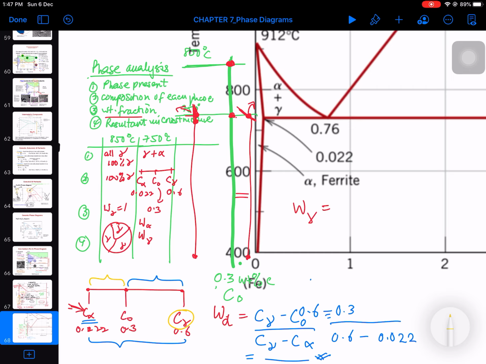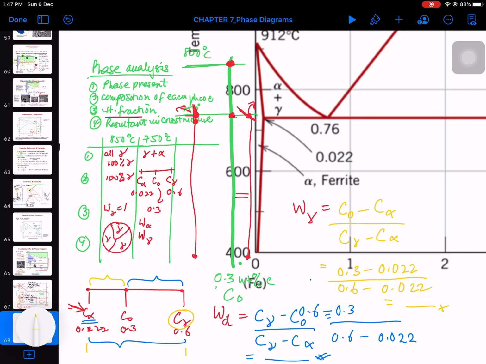This length is C naught minus C alpha, over the whole length of the tie line, which is C gamma minus C alpha. So it's actually 0.3 minus 0.022 over 0.6 minus 0.022. There you go, you'll get the answer.